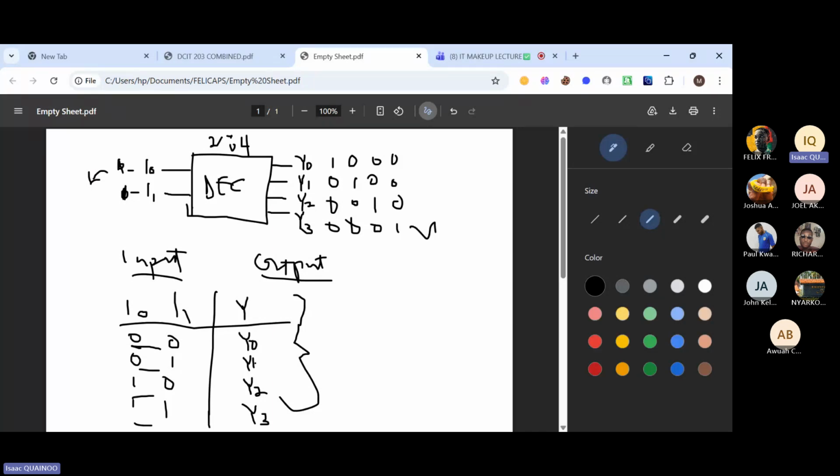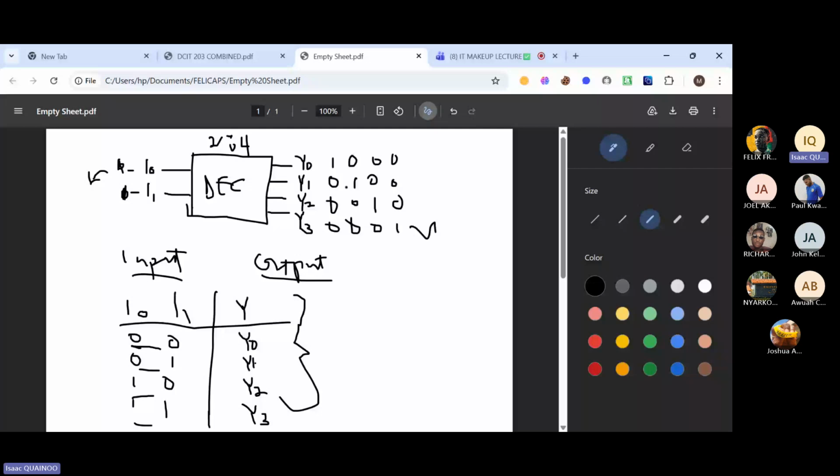You see the outputs are labeled Y0, Y1, Y2, Y3, etc., which are in decimal numbering. So if you convert your input into decimal, you're able to directly know the output that corresponds to your input, and that will be high. Apart from that, everything else is low.